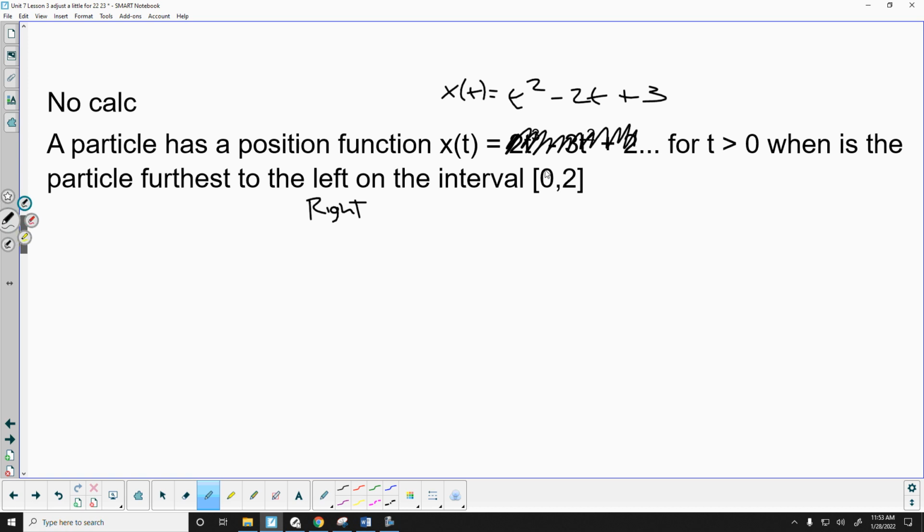I don't want to go from 0 to 2. I want to go from 0 to 3.